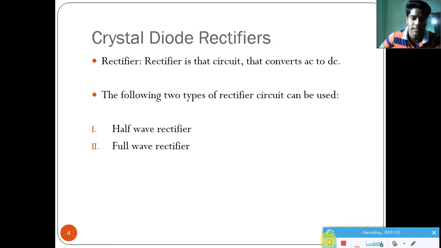In our day-to-day life, mobile chargers and laptop chargers are the best examples of a rectifier circuit. Whatever AC signal is there, it converts into a DC signal, because our mobiles, laptops and many more electronic devices work on DC voltage only.